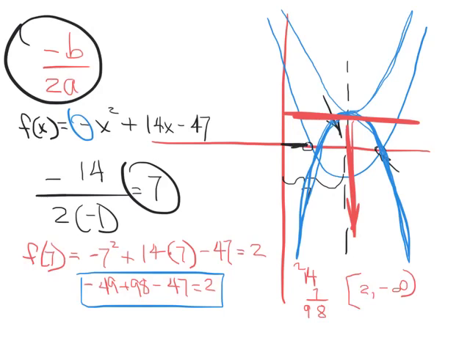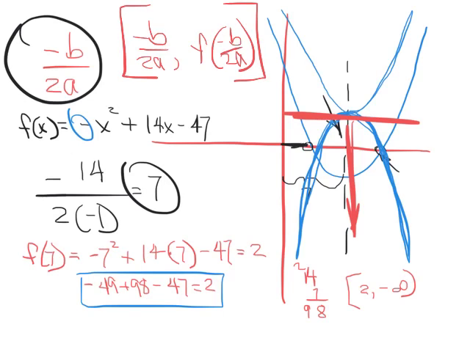So there you go. Not too bad. So your x value again is going to be negative b over 2a, and your y value is going to be the function of that. You plug that answer into the original equation, and that'll give you your y value. So then you end up with that for your x and y, which is going to be your vertex.